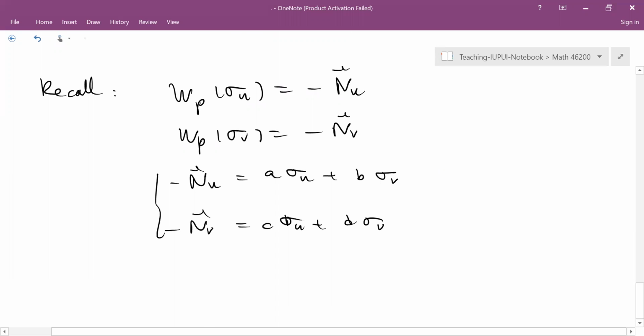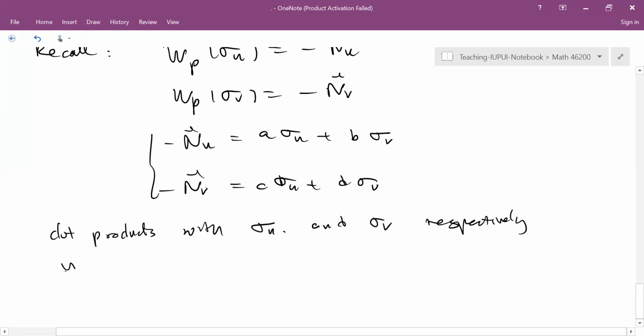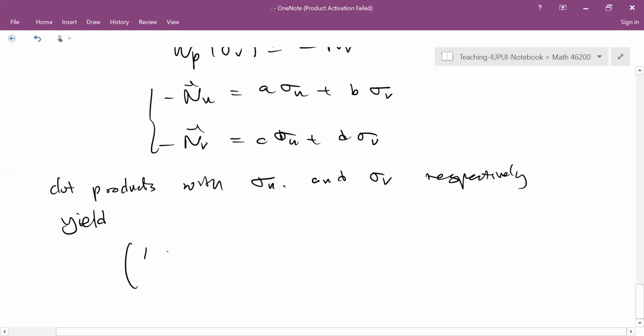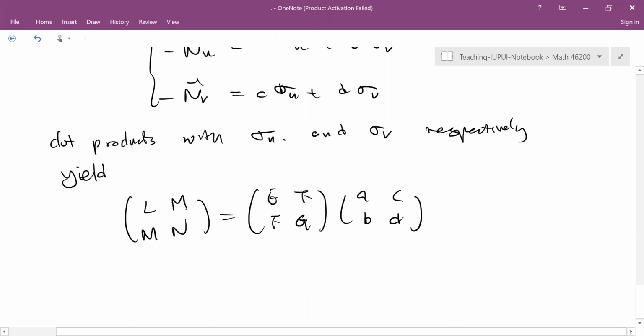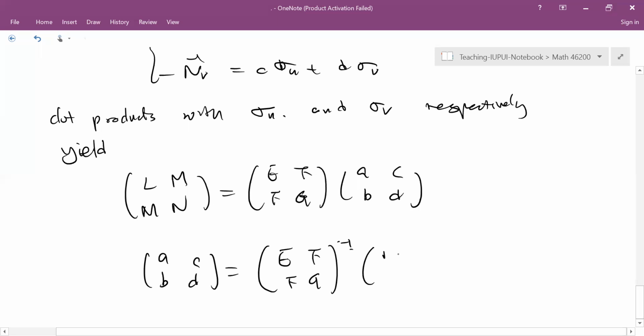Taking the dot product with sigma u and sigma v respectively yields the following: L, M, M, N, and here E, F, F, G, and A, B, C, D. So A, B, C, D, in other words, is going to be the inverse of the matrix E, F, F, G, times the matrix L, M, M, N.